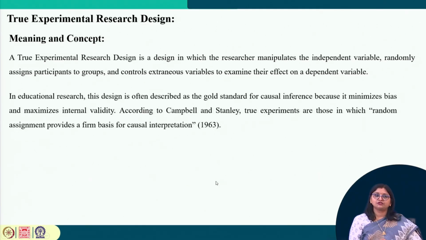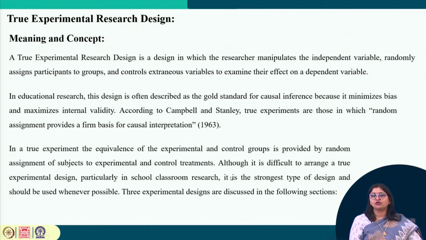In educational research, this design is often described as the gold standard for causal inference because it minimizes bias and maximizes internal validity. According to Campbell and Stanley, true experiments are those in which random assignment provides a firm basis for causal interpretation. They mentioned it in 1963.